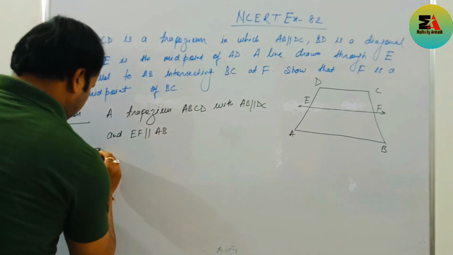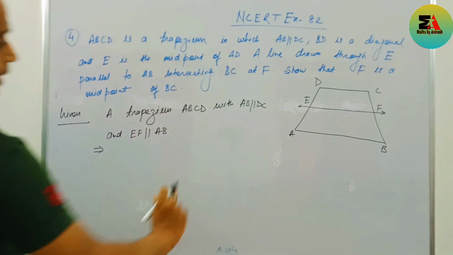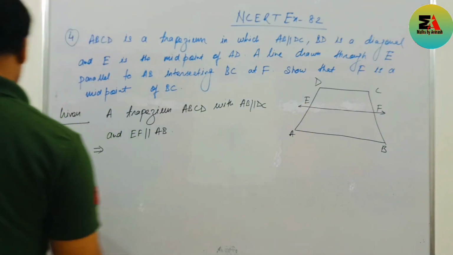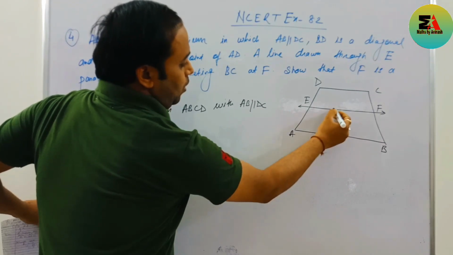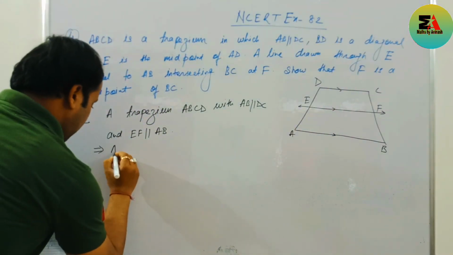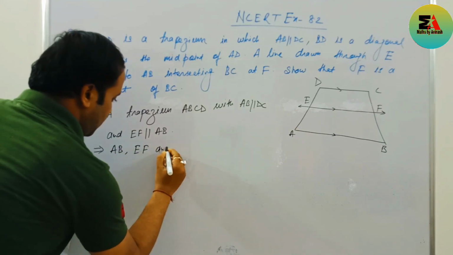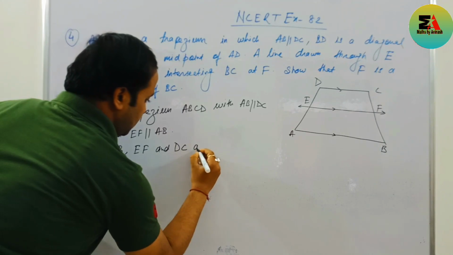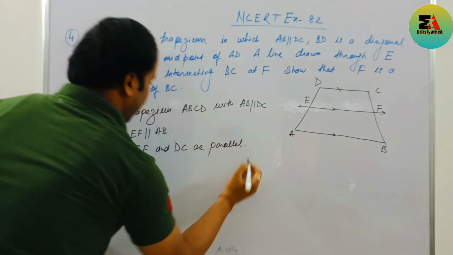This implies that AB, EF and DC are parallel.